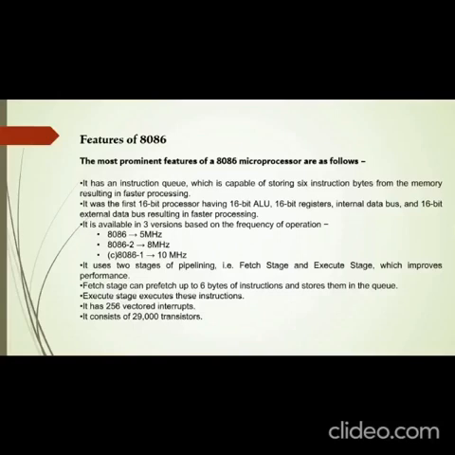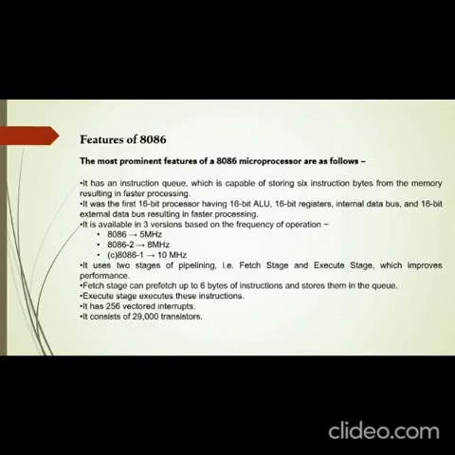Third, it is available in 3 versions based on the frequency of operations: 8086 at 5 MHz, 8086-2 at 8 MHz, and 8086-1 at 10 MHz. Fourth, it uses 2 stages of pipelining, that is fetch stage and execute stage, which improves performance.